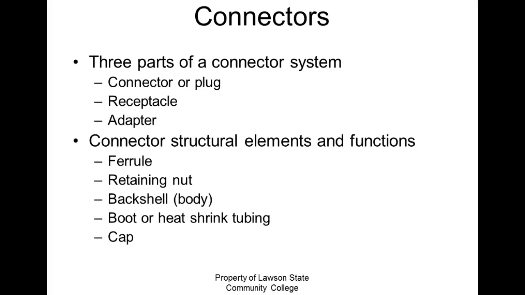First of all, these are the typical parts of a standard fiber connector. We have the ferrule, the retaining nut, the back shell, and the heat shrink boot, or this could also be heat shrink. Ours actually has a boot.